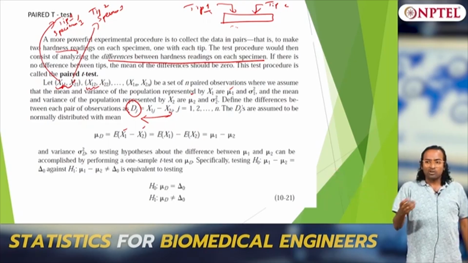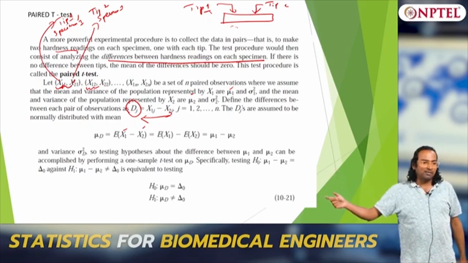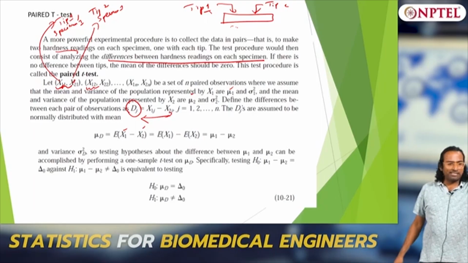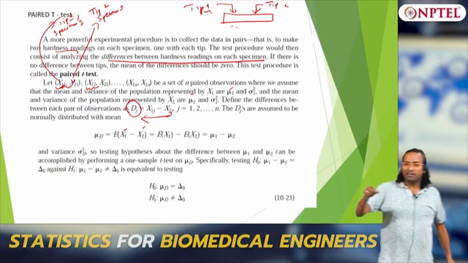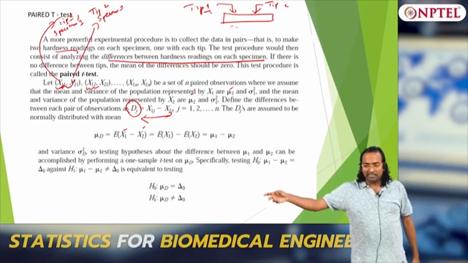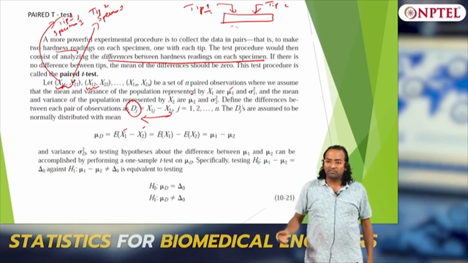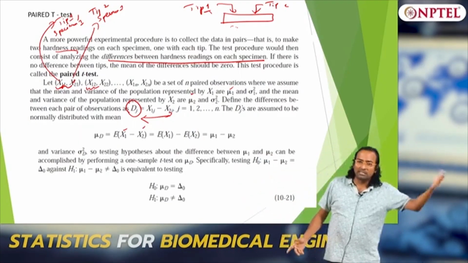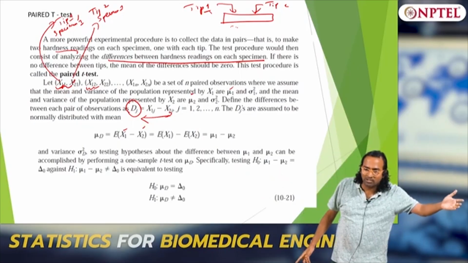Suppose you develop a drug and you have another drug. You take a drug, it worked on 50 people. You gave it to, let us say, 50 people, and the ground truth, the already existing drug, you gave to another 50. Now can you compare their efficacies? Because these 50 people are different, with different background conditions.